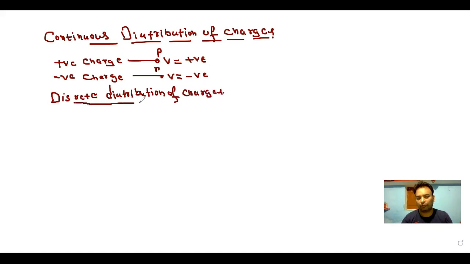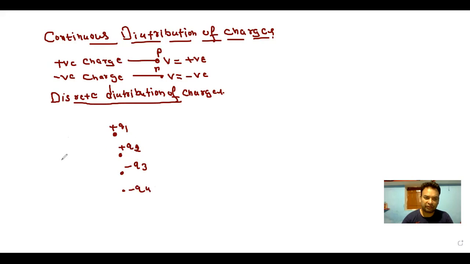Find the potential at point P. Let me take a charge plus Q1 here, and a charge plus Q2 over here, minus Q3 here, minus Q4 here.